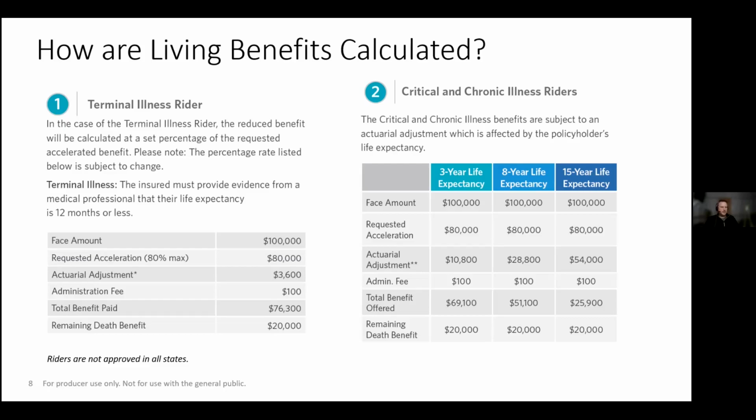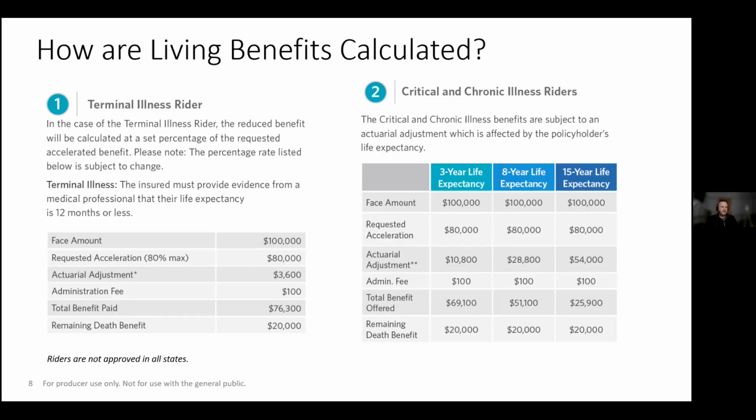These are just scenarios and examples. If anybody goes through the process of trying to do one of these riders for a client, they will have to go through our claims process and call up our claims department. We will get doctor's records from there and be able to help them out with what they would have access to.